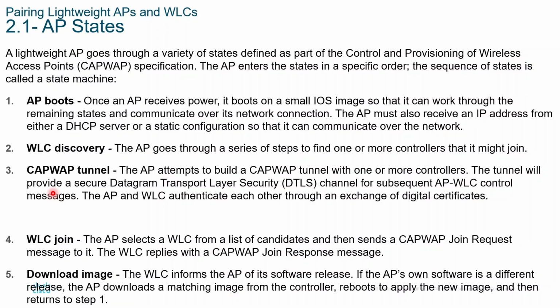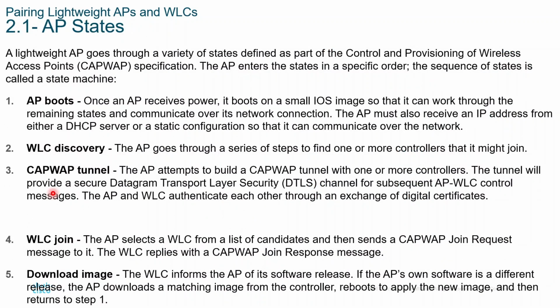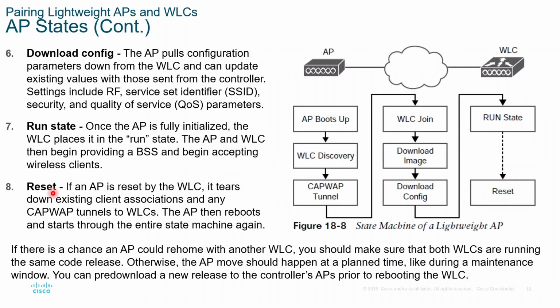After that, the image will be downloaded, because maybe there's an update in the WLC and the access point doesn't have that software, so it will download the image to work with the WLC.